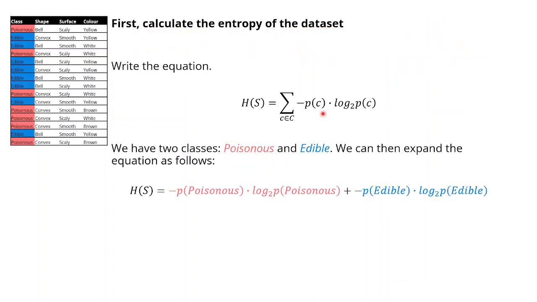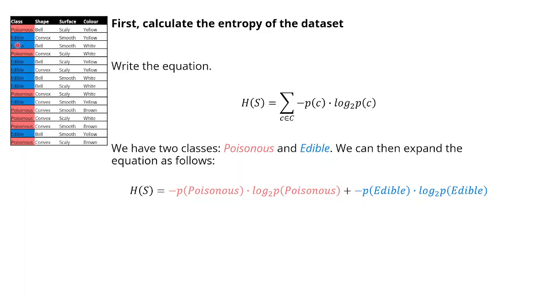First, we have to calculate the entropy of the dataset. The entropy of the dataset is given by the formula below. What it means is you sum the probability of a class multiplied by the log 2 of the probability of the class. Remember, our classes are poisonous and edible, right?